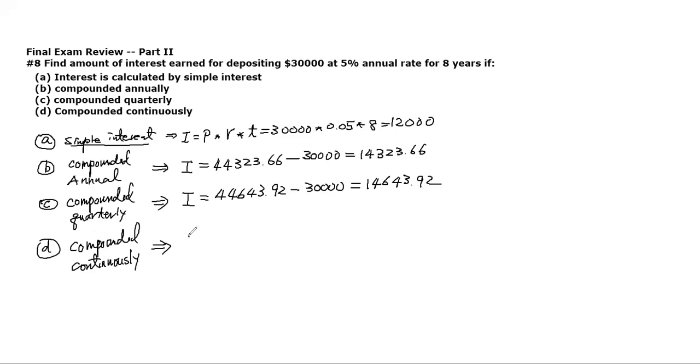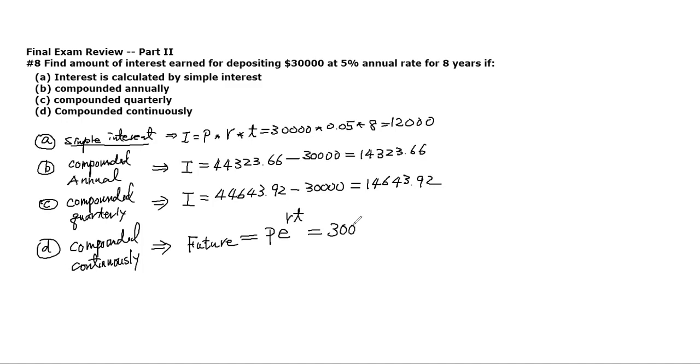Okay, so the future value here is what we call PERT, right? E is that natural number, 2.7182. It's that number you can find in your calculator. So now I can just put in my P. What is P? P is the principal.